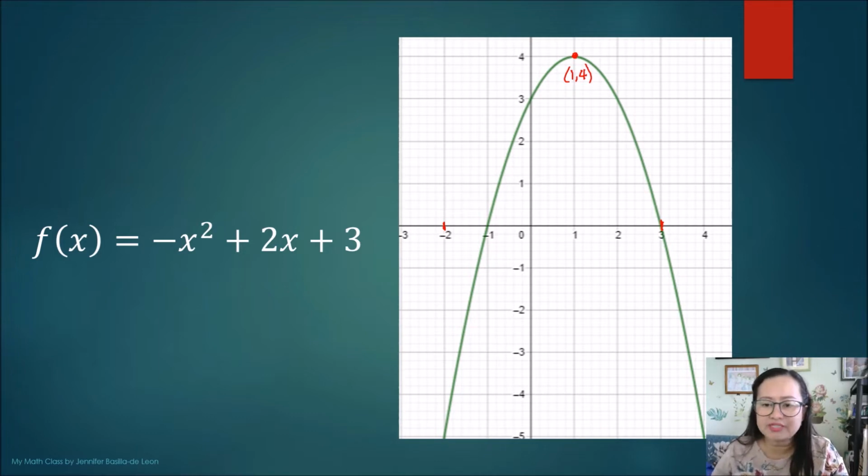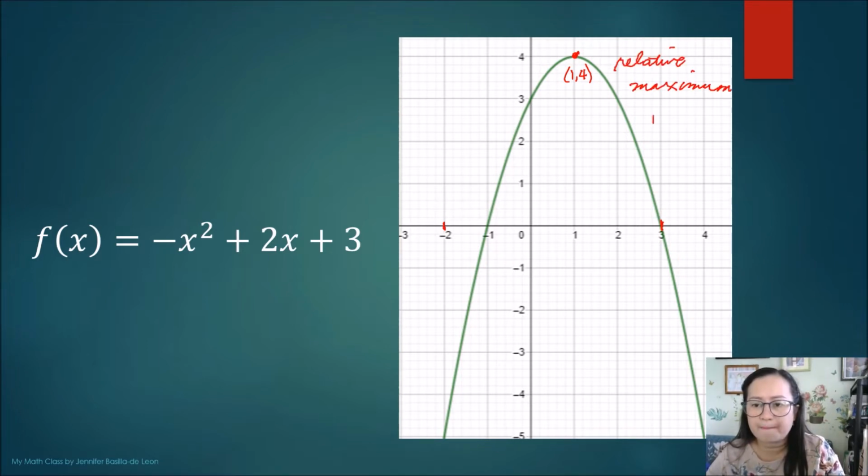So on the open interval from negative 2 to positive 3, the relative maximum value of the function is at x equals 1, which is positive 4. We can say that this point is the relative maximum point of the function on the interval from negative 2 to positive 3.